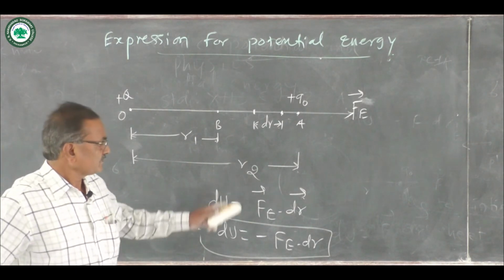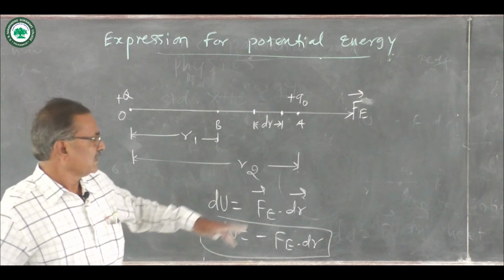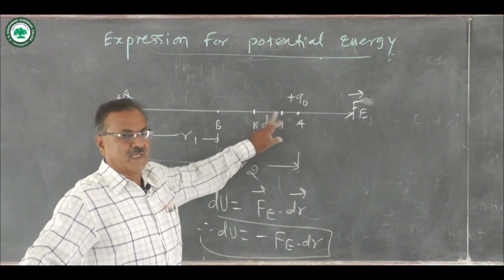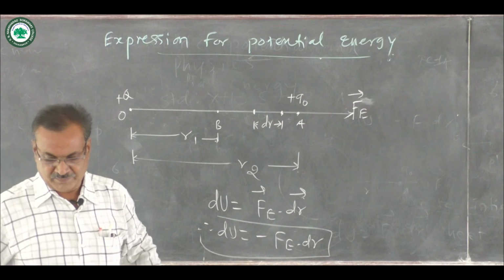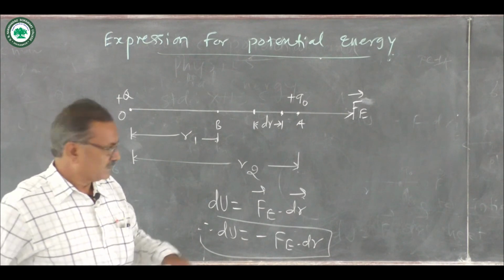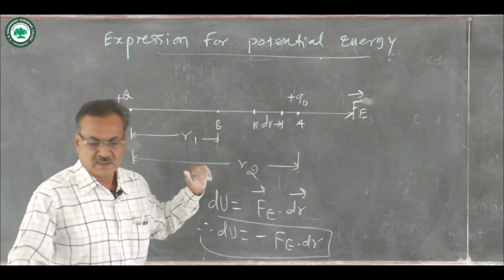For the displacement of the charge Q0 from A to point B, that is, the distance of point A is R2, distance of point B is R1.